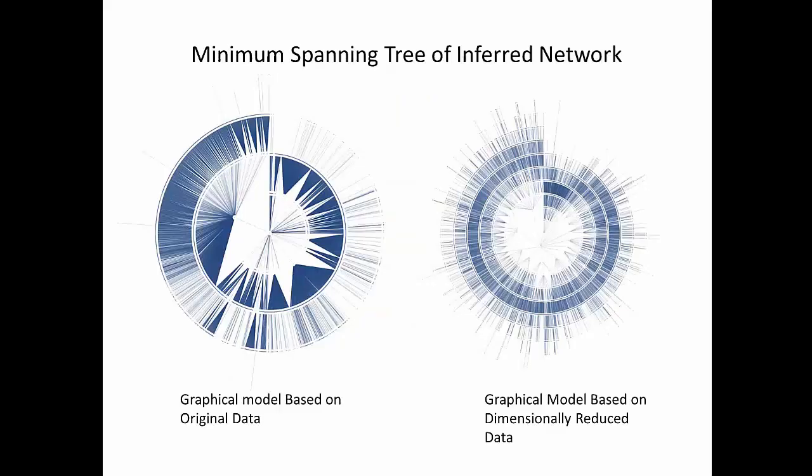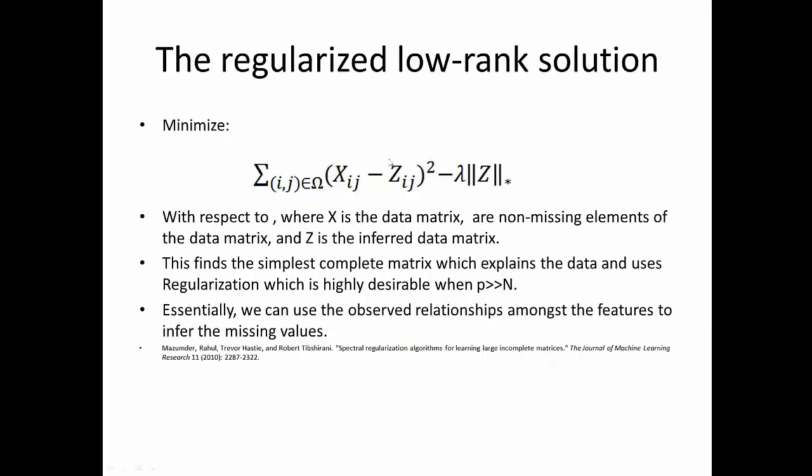So I'll come back to here. This is the problem we're solving when we're calculating the reduced dimensionality data set. So we're only using the values that we know. The pairwise complete observations, in other words.